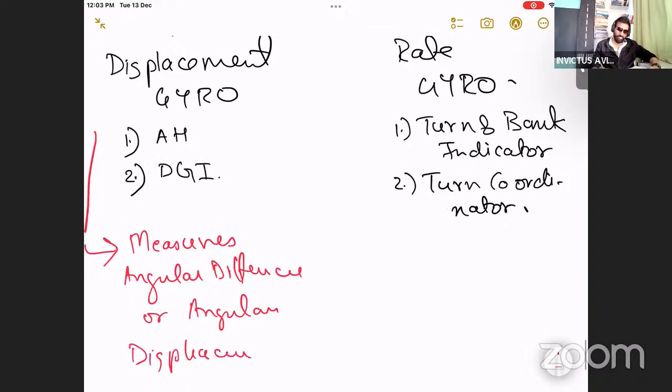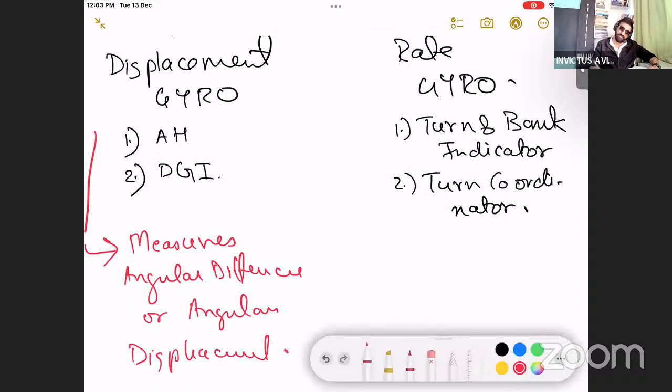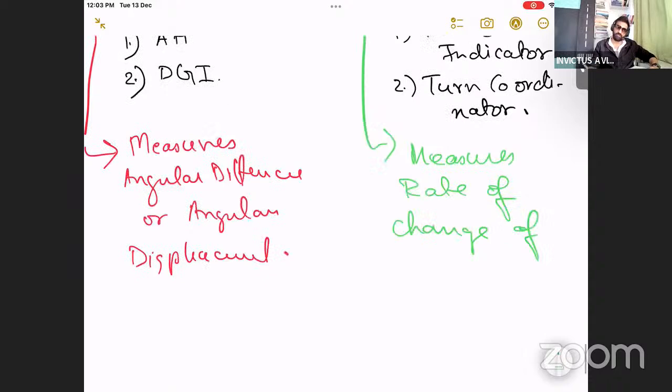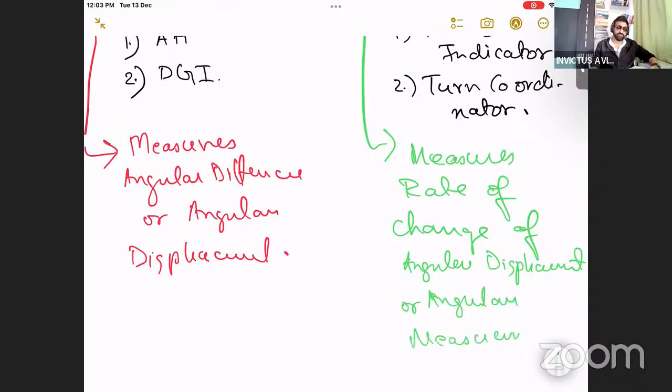And rate gyro, you will write: measures rate of change of angular displacement or angular measurement. That's it. Very simple things. Any doubts? Study these couple of points more, and then let's quickly get down to the other two gyros.